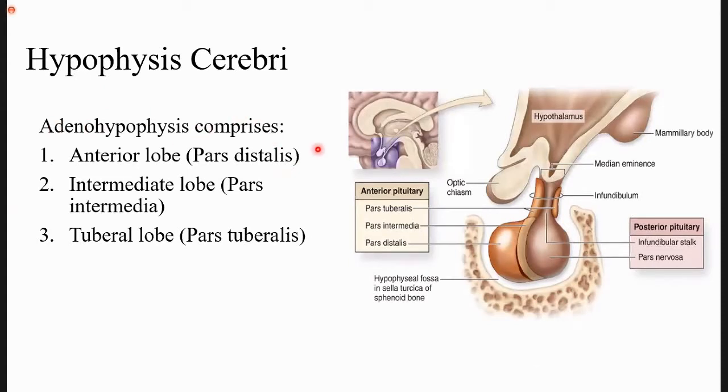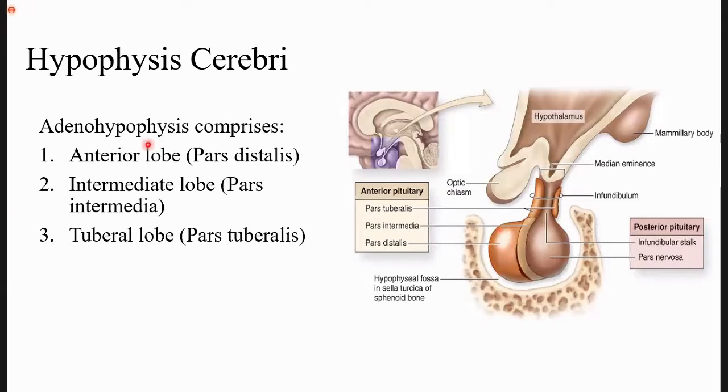Now this is the adenohypophysis, the anterior part, which is related to the optic chiasma. That consists of three different parts, which are morphologically and functionally different, though the origin is the same. The commonly called anterior lobe, or pars distalis, is the major part, about 70 to 75% of the gland.